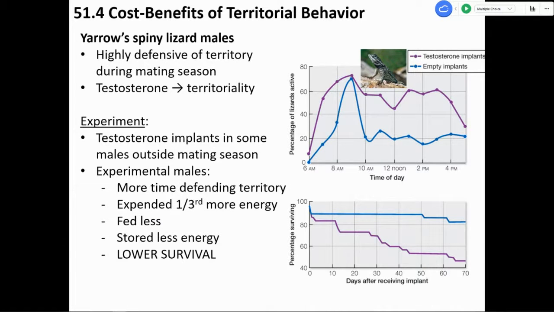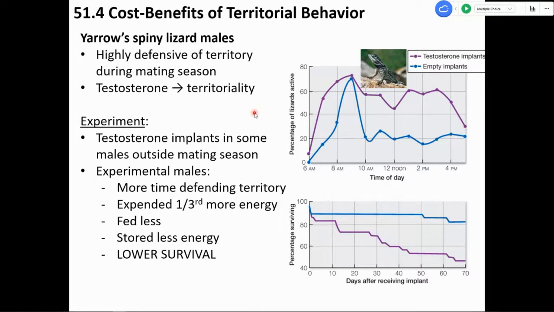A good example of this is an experiment that was done on Yarrow's spiny male lizards. These are lizards that during the breeding season go out and defend their territory. They are highly defensive of their territories during the mating season, and it's been shown that testosterone is what drives that territorial behavior.